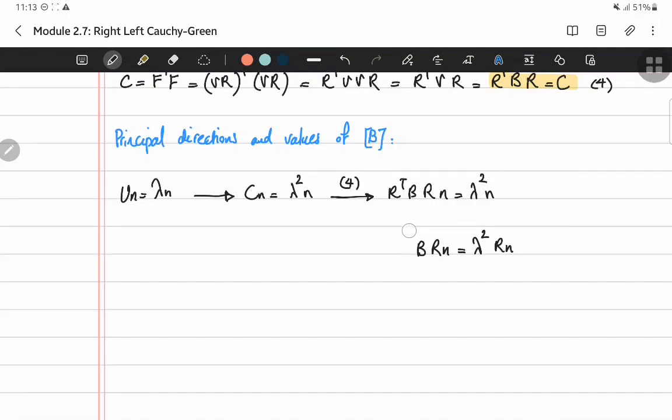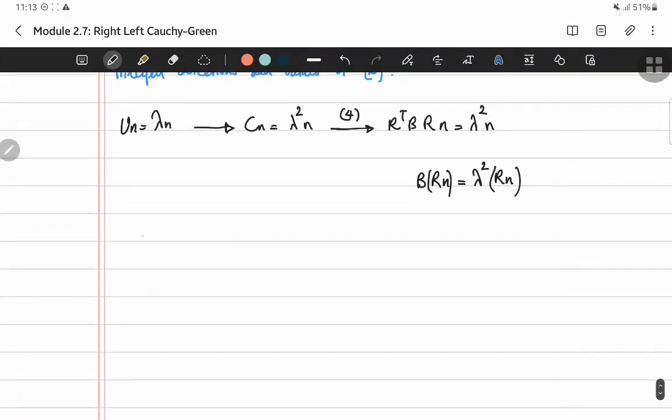And this is I, so I remove this. So B R n is equal to lambda squared R n. So here you can see that R n is the eigenvector of B, and lambda squared is the eigenvalue of B.